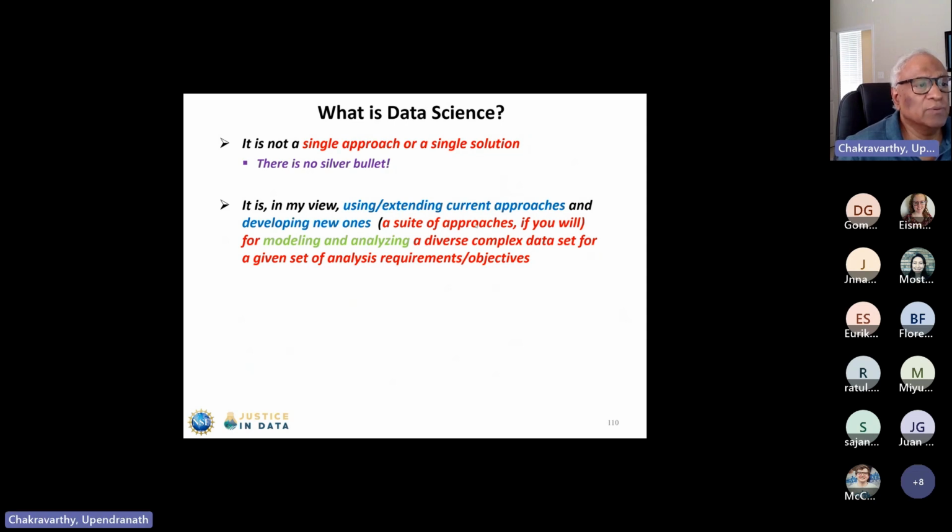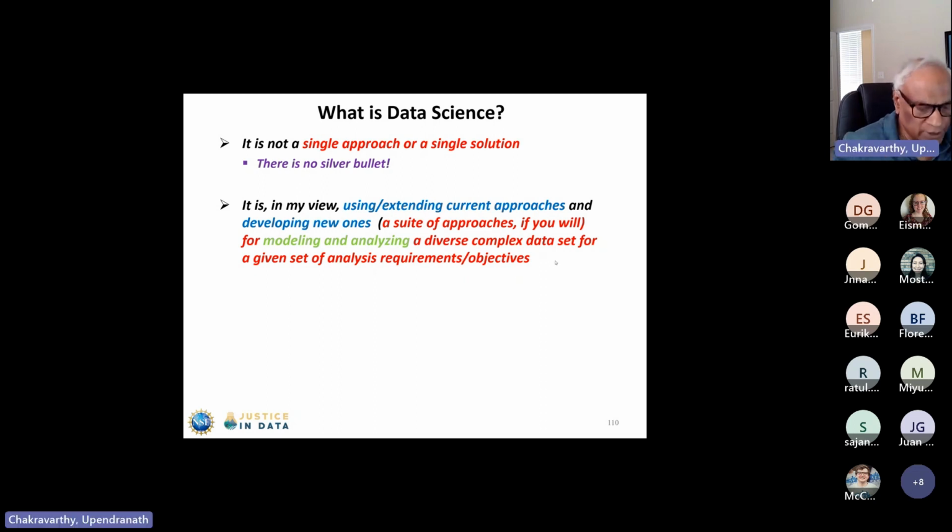It's a suite of approaches for modeling and analyzing. Modeling is very important. You cannot just use data without modeling it in some way that helps you process or analyze a diverse, complex data set for a given set of analysis. So that's what it is.